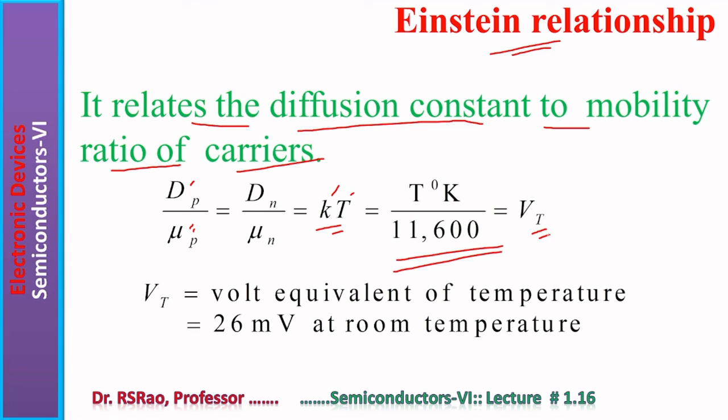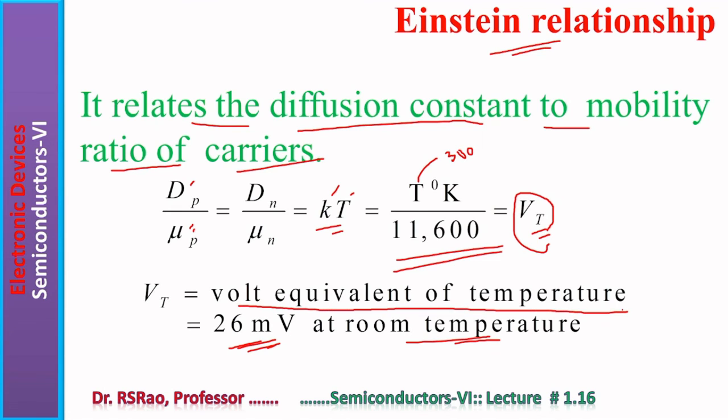This ratio is usually indicated by Vt. Vt is 26 millivolts at room temperature. At room temperature, T is 300 degrees Kelvin. If you substitute, we will get 26 millivolts. Vt is called the volt equivalent of temperature.